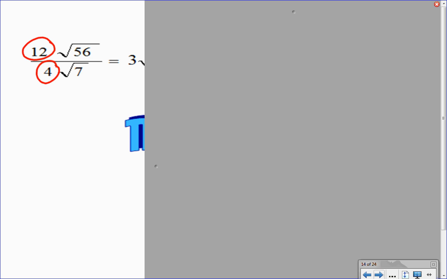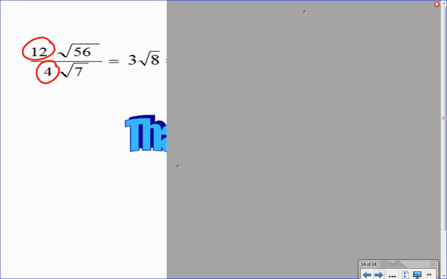And then we've got the square root of 56 in the radical, and we've got the square root of 7 in the other radical. So we can just divide those, but we have to keep our answer within the radical. So 56 divided by 7, that gives us 8. So we have a square root of 8. And then we can simplify that. We know that's the perfect square 4 times 2.